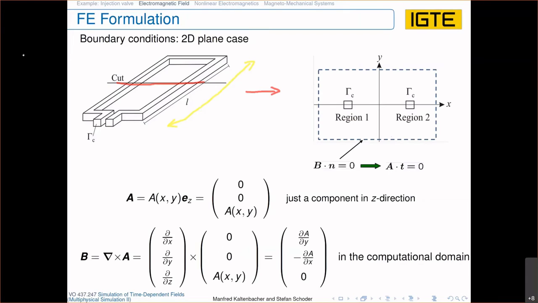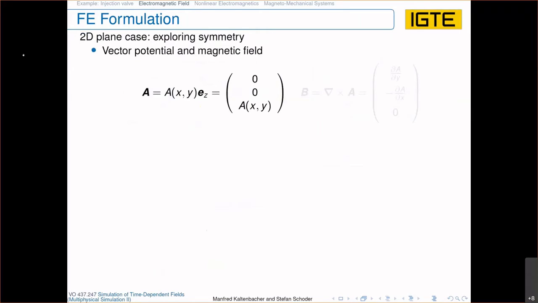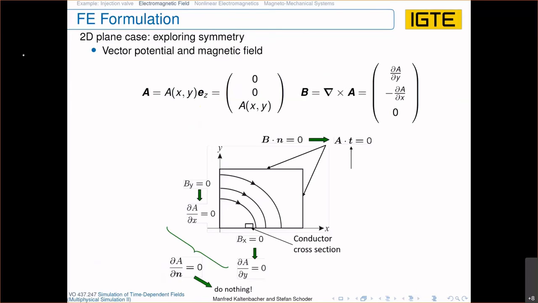Okay, now if we want to explore symmetry, I have just rewritten here the relation we have, how the magnetic vector potential A looks, and the magnetic flux density computed by the curl of A. And now what we can see here is the following. I have explored a symmetry according to such a quarter here.